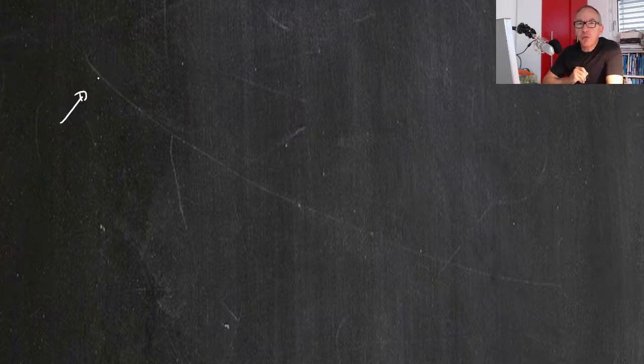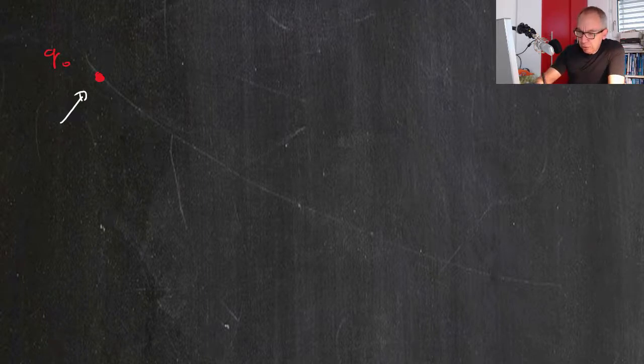So what we could do is we take a small positive charge, which we call Q0, and we observe what the charge is doing. For example, the charge might be pulled or pushed to the right side with a certain force F.